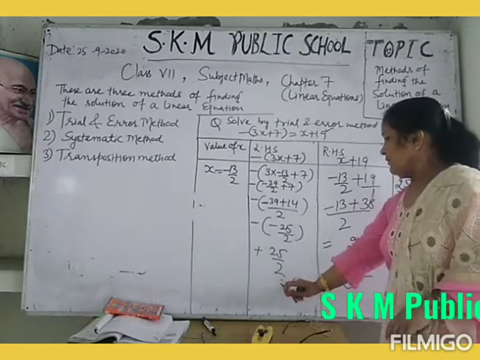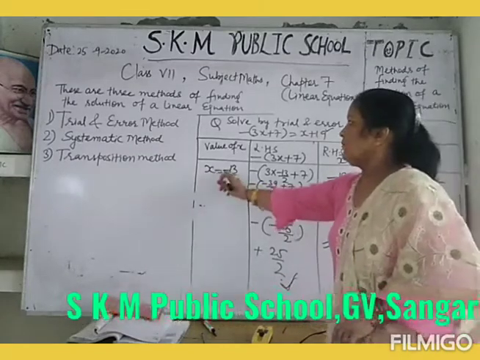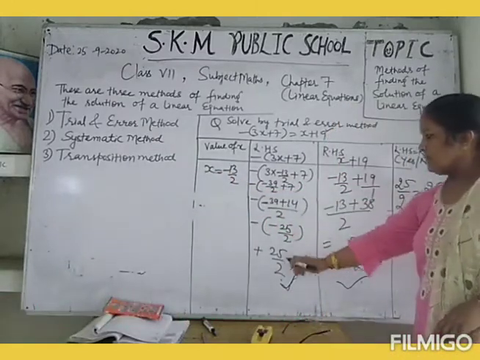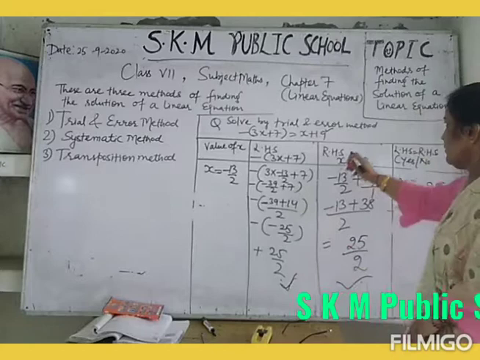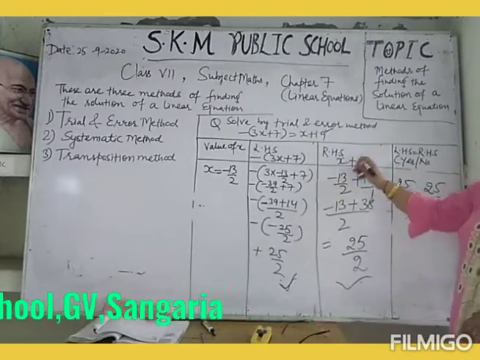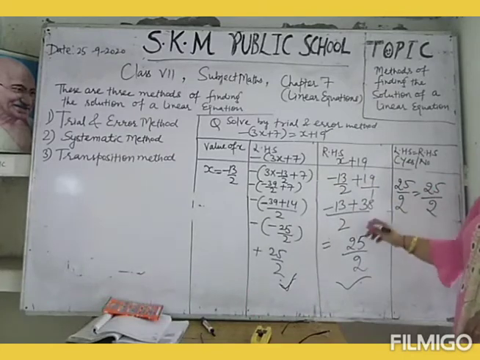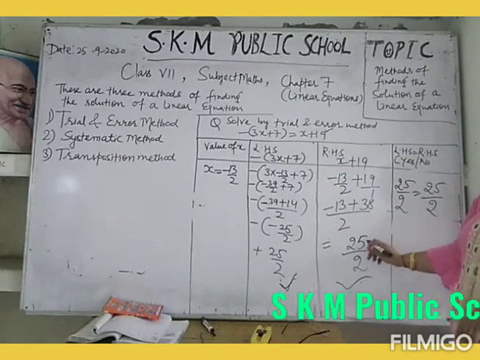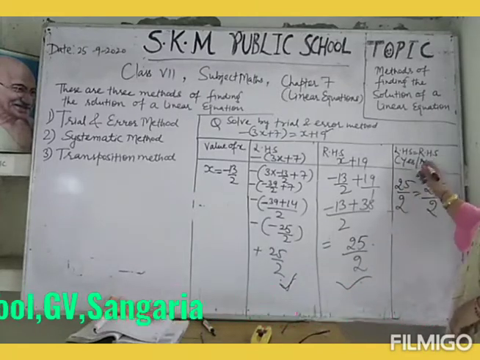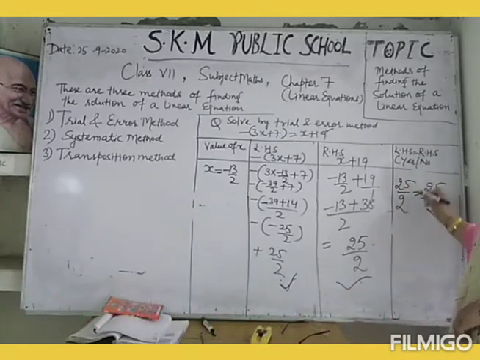After putting the value of x is equal to minus 13 upon 2, the left hand side becomes plus 25 upon 2, and when putting the value of x is equal to minus 13 upon 2 in the right hand side, we have got 25 upon 2. Now left hand side is equal to right hand side.